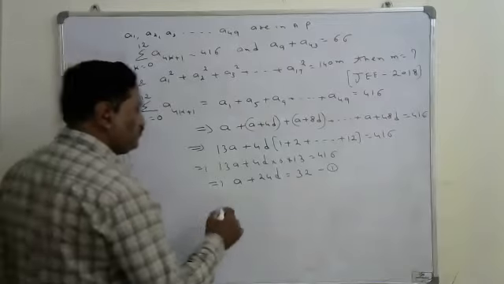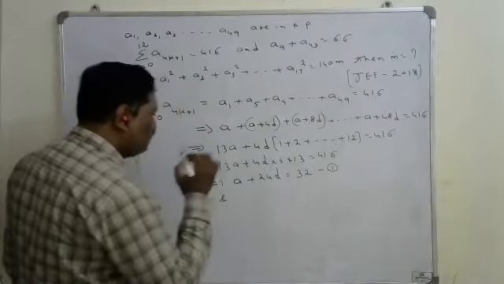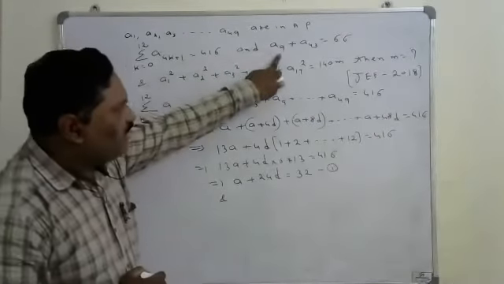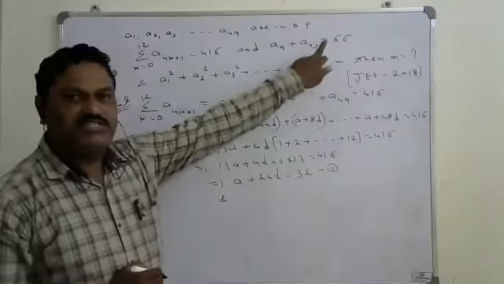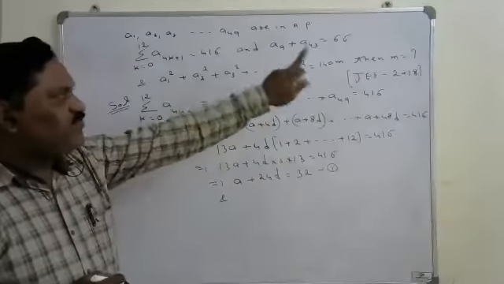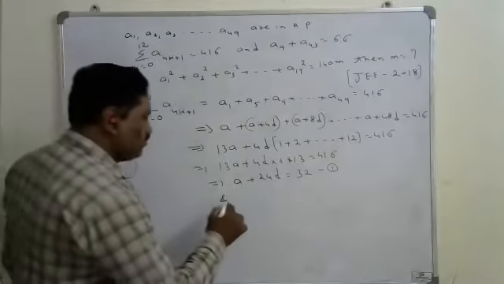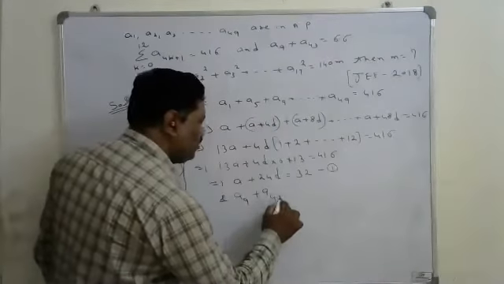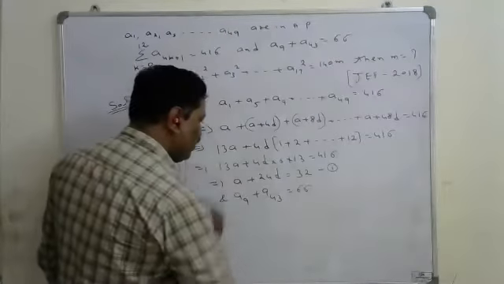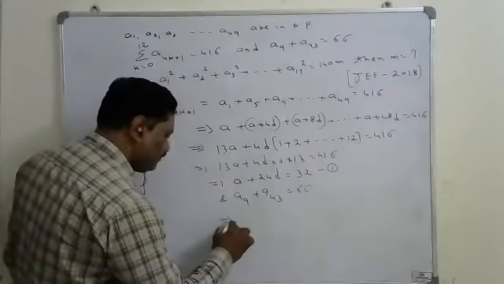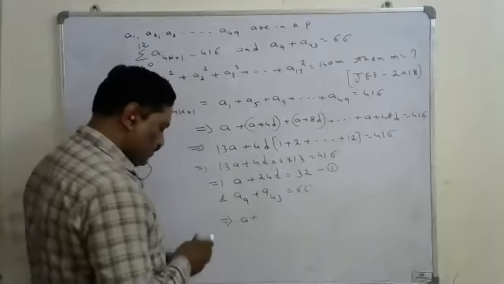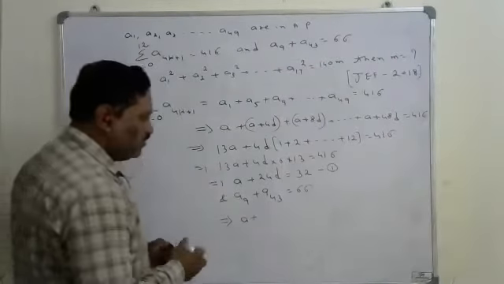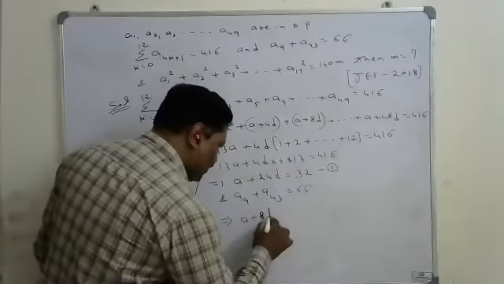And they have given one more condition, that A9 plus A43 is 66. What is A9? A plus 8D.